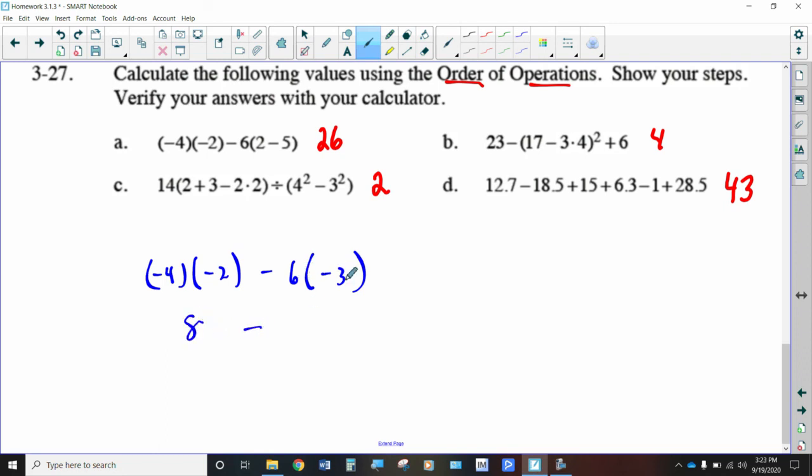And 6 times negative 3 ends up being negative 18. Now at the end, you're taking 8 minus a negative 18. So we're going to do KFC there and change this. Keep the 8, flip that to a plus sign, change that to its opposite. So 8 minus a negative 18 is the same as 8 plus a positive 18, and that's how you get 26. Okay? I'm not going to go through the rest of them.